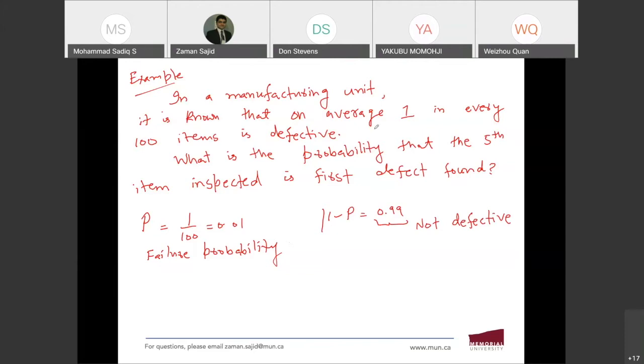Now, in this statement, he's asking what is the probability that the fifth inspected is the first defect found. So this means the first 4 items are not defective. So that's what we will write here. The first 4 items are not defective.